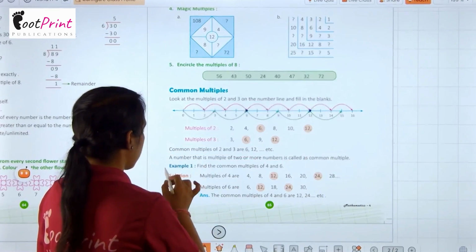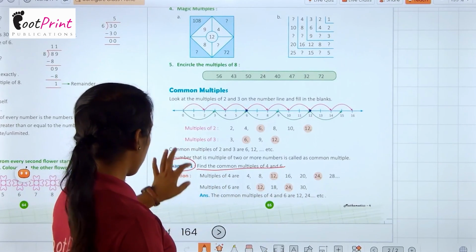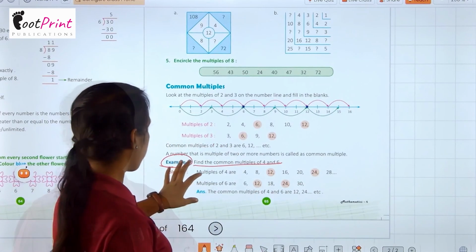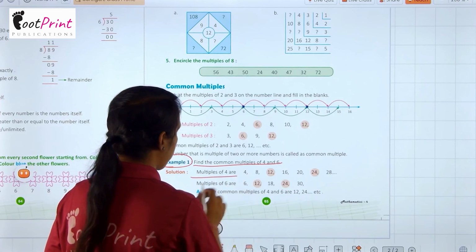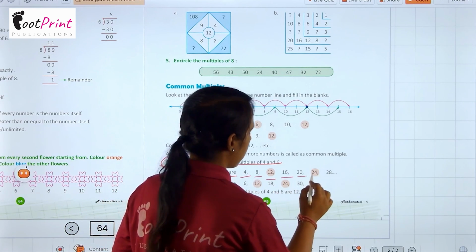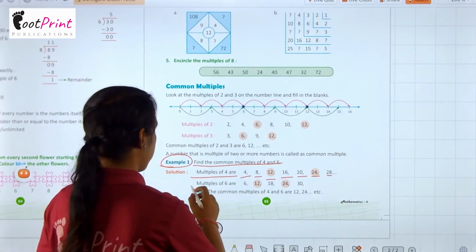Here, find the common multiples of 4 and 6. Just as we solved the multiples of 2 and 3, we have to find the multiples of 4 and 6. Multiples of 4 are 4, 8, 12, 16, 20, 24 and 28 and so on.